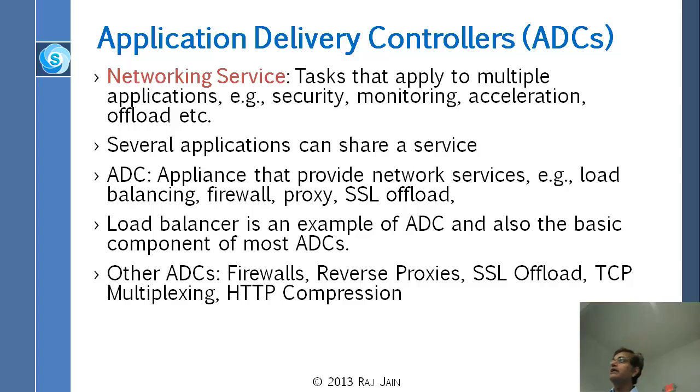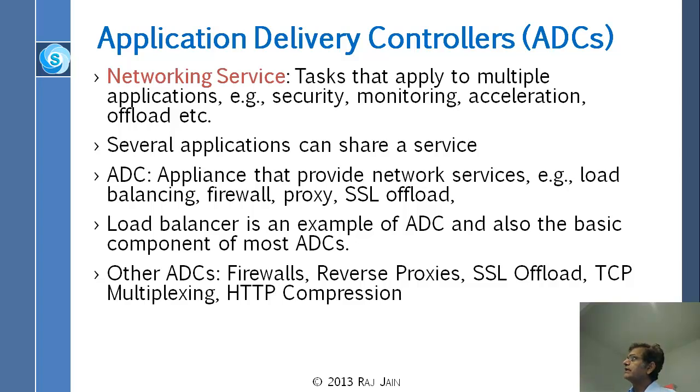So these are all what we call network services, which are really not specific to an application. I mean, actually, they would be used for a particular application, but they can be used for multiple applications. And therefore, several applications can share a service. All right? And the appliance that provides the service is called an application delivery controller.